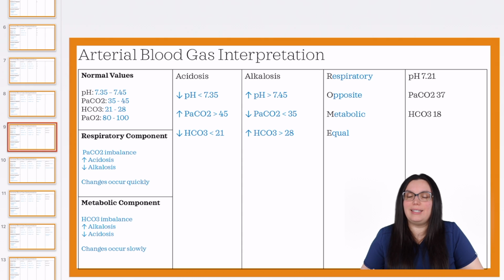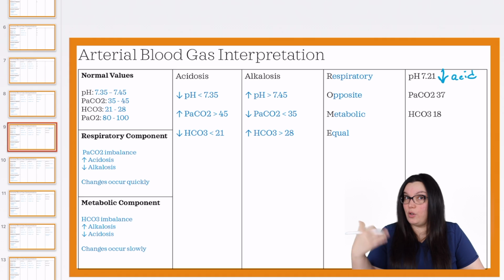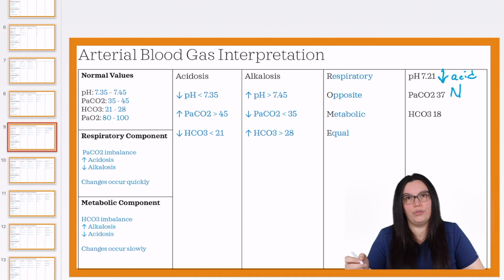So we know that this is less than 7.35, so this is going to be more of an acidosis, right? Next, we move on to our various components. So we begin by looking at our respiratory component because we know that happens quickly. Our normal is 35 to 45. This falls within that normal limit, so we know that our PaCO2 is going to be neutral.